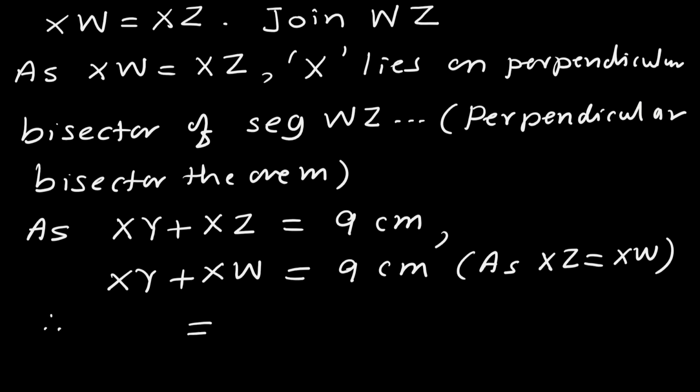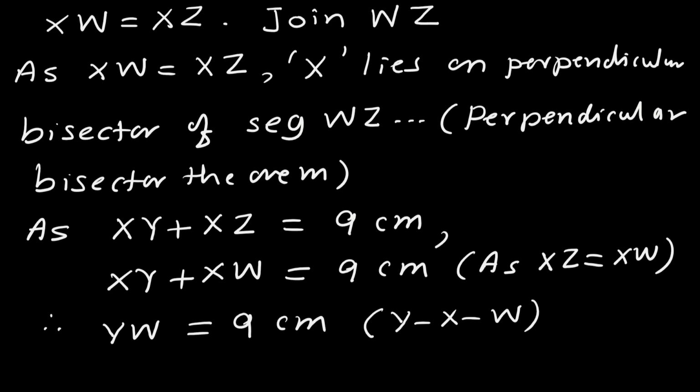So what is the last part of the analysis? What is XY plus XW? YW. YW is equal to 9 centimeter. Reason: Y-X-W are collinear, we mentioned it above in the construction.